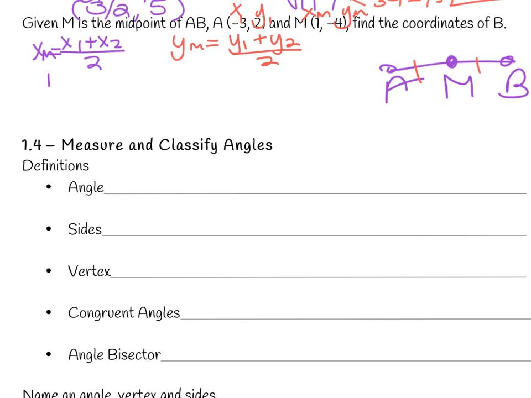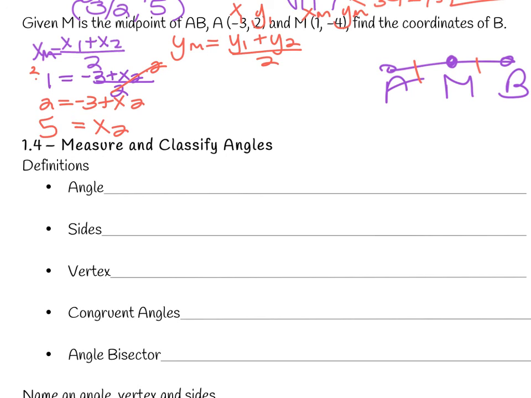So xm is 1 equals x1, which is -3, plus x2 over 2. Multiply both sides by 2. Cancels here. I get 2 equals -3 plus x2. Add that 3, and x2 is 5.